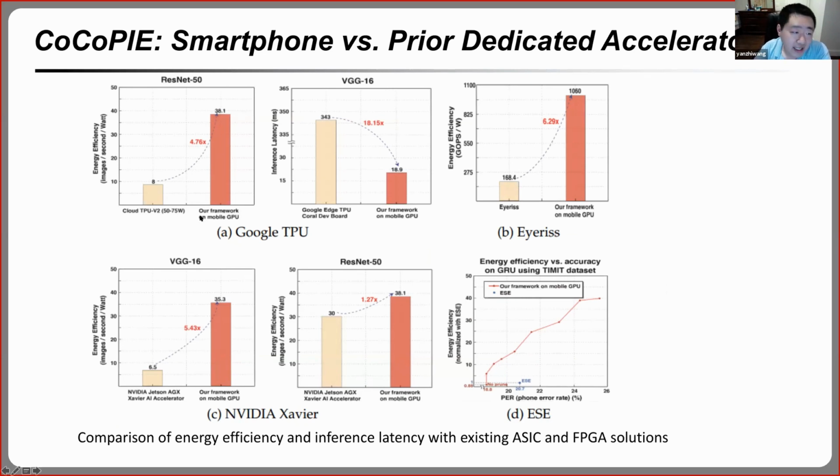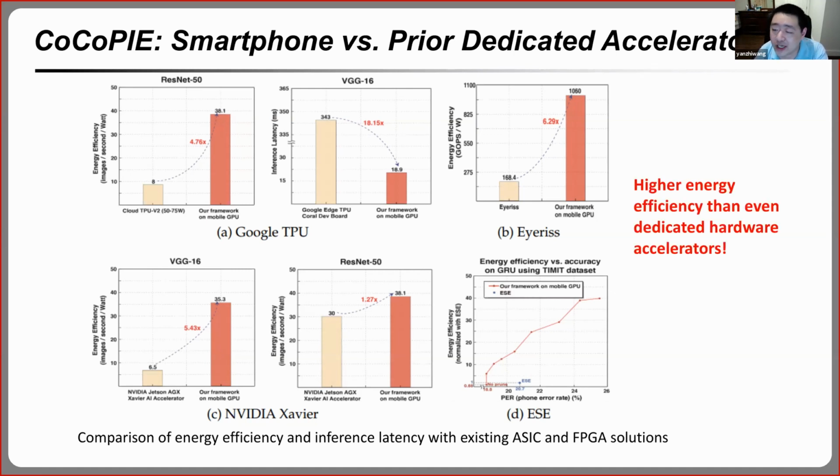And we can see that our energy efficiency is almost always better, and the latency in some cases is also better, compared with, of course, this cloud TPU and this edge TPU, these kinds of dedicated accelerators. But we are just using a phone. Why can we achieve this kind of result?